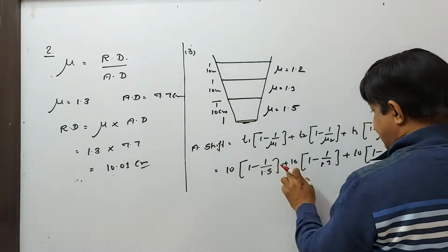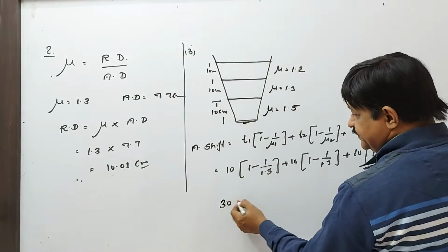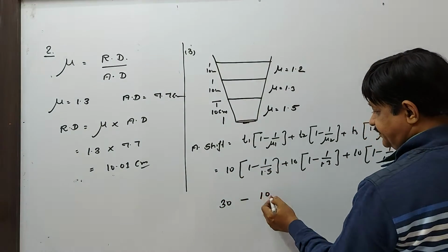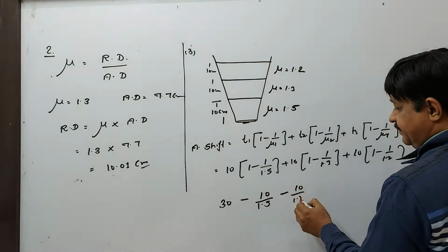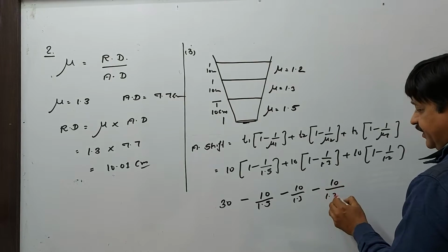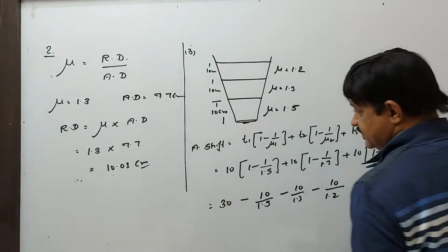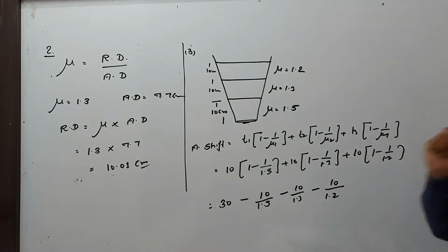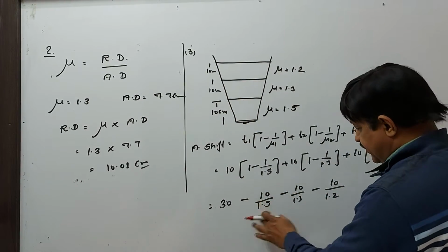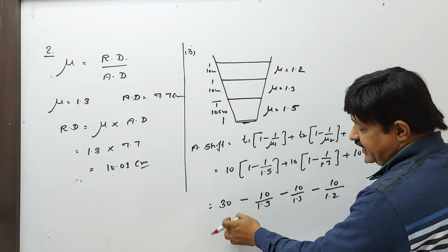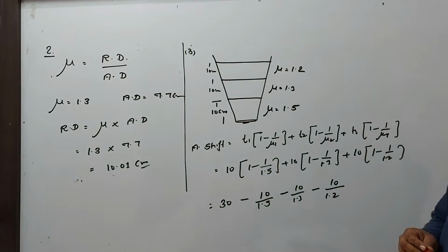सिंप्लीफाई करें तो 10, 10 और 10, 30 तो एक साथ आ गए, माइनस 10 अपॉन 1.5, 10 अपॉन 1.3, 10 अपॉन 1.2. जो एक्चुअल डेप्थ आपकी 30 थी, now it will reduce to this much. You will have to subtract it from 30 and you will find out the answer like this.